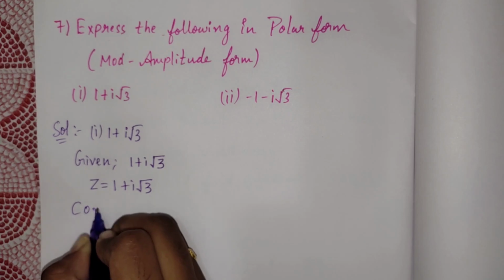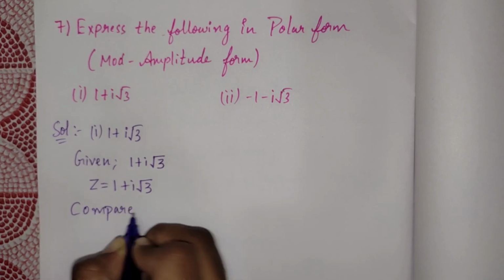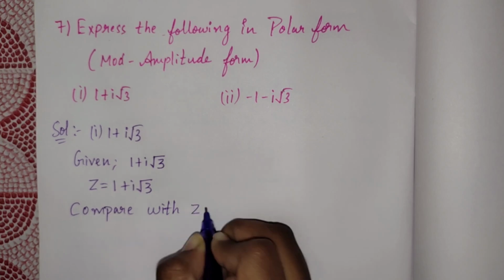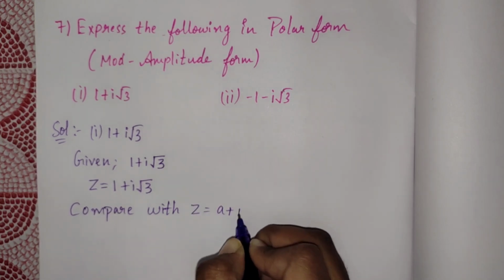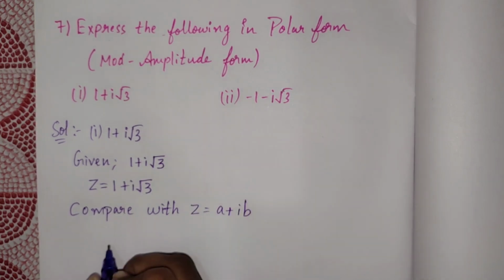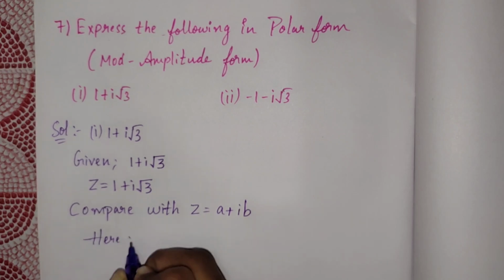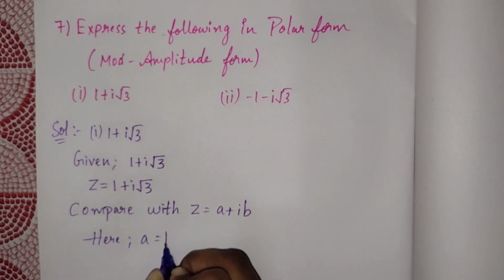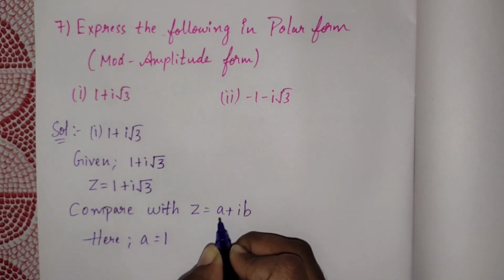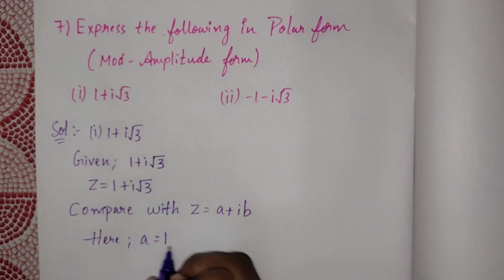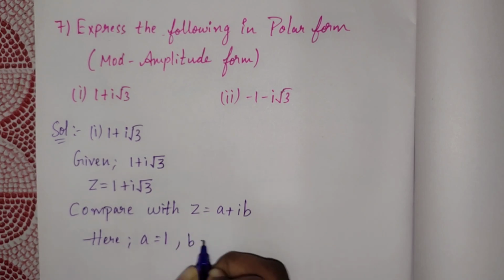Now compare with z equal to a plus ib. Here a equal to 1 in place of a 1 and in place of b root 3. So b equal to root 3.